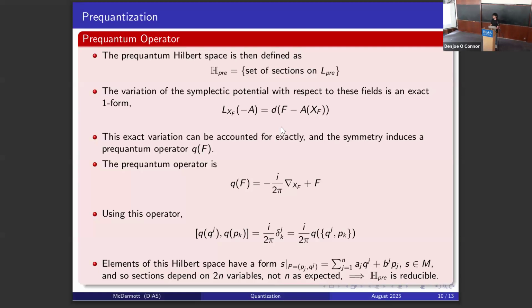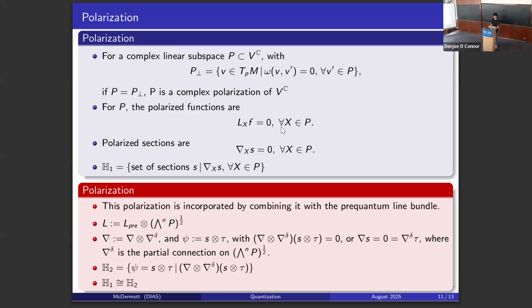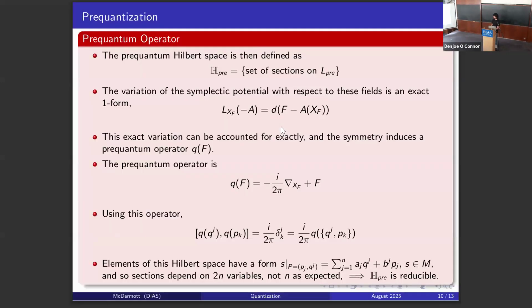So would I be right in saying that a choice of polarization and a choice of metric would be somehow equivalent? I don't believe so. I think even without polarization, the issue with the pre-quantum Hilbert space isn't that it isn't valid, it's just nearly too large.